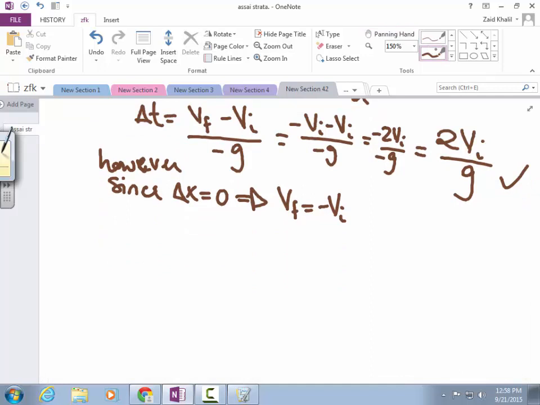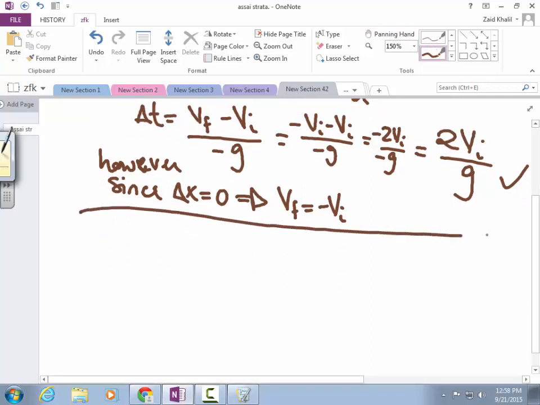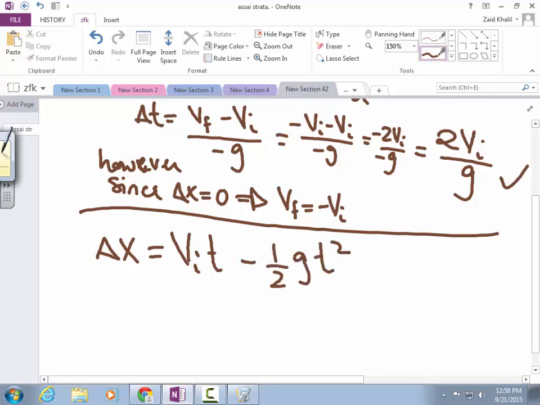Just straight up. First kinematic equation says what? Delta x equals VIT minus 1/2 GT squared. Right? What is delta x? 0. Delta x is 0.